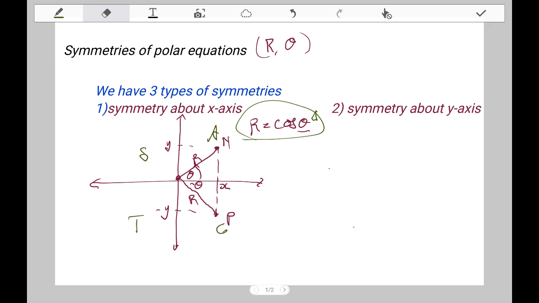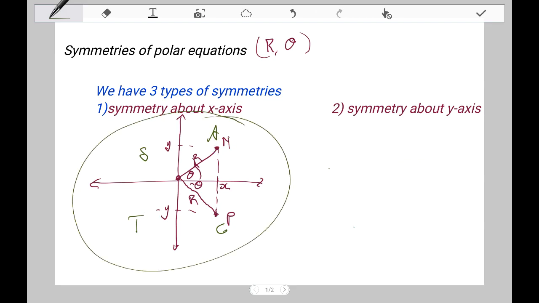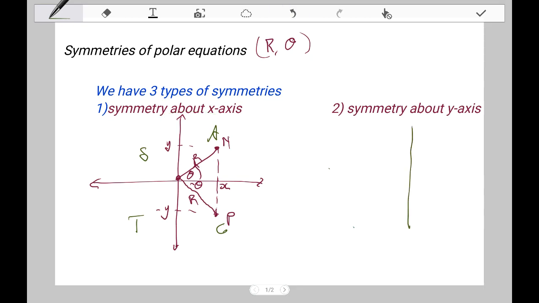We're going to apply the very same procedure, but it is the inverse of this one, because for a point symmetric about the x-axis, the x value stays the same while the y value changes from positive to negative, so it's going to be the opposite of this one.